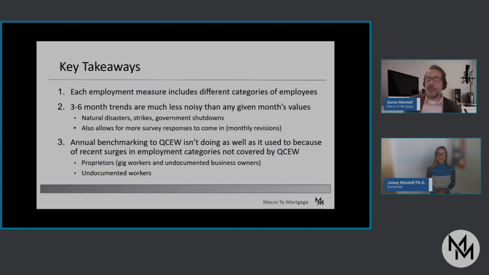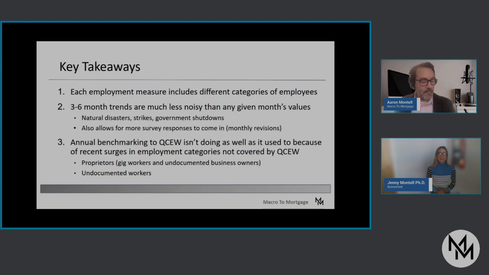And the benchmarking process, as I think you did a really good job of, before you moved on a little quickly there, the reason is, well, there are many reasons, but some reasons are that any given month's values could be affected by things like natural disasters and strikes and government shutdowns, all things that we've experienced recently.